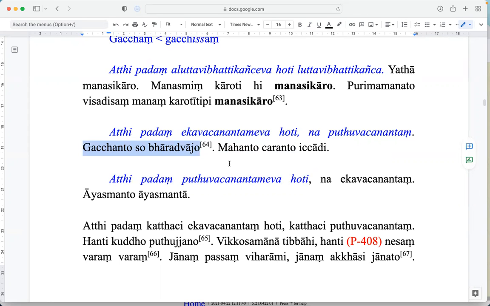Mahando, it is big, it is great, and charando is walking or practicing. So here gichando, mahando, charando are only the nominative case singular. And then atibadam butu wajananda mewa na eka wajananda.